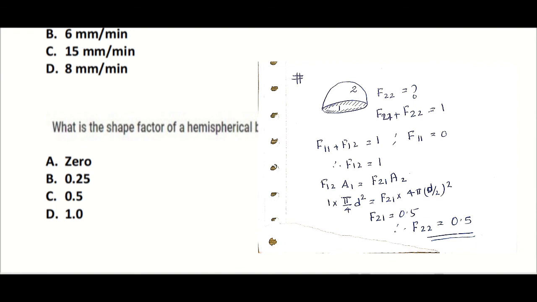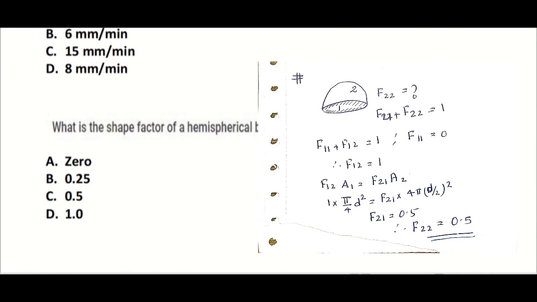Another relation between F12 and F21 is that F12 multiplied with A1 will be equal to F21 into A2.